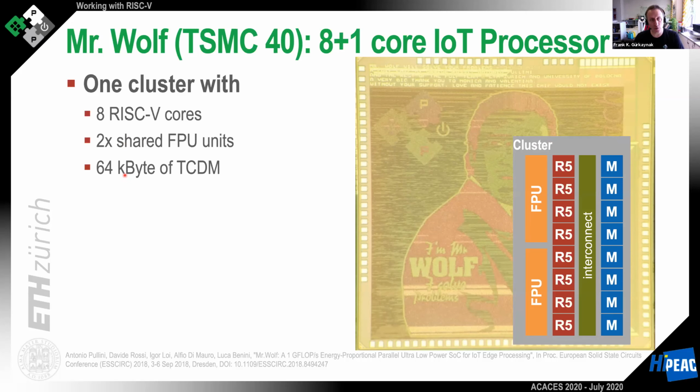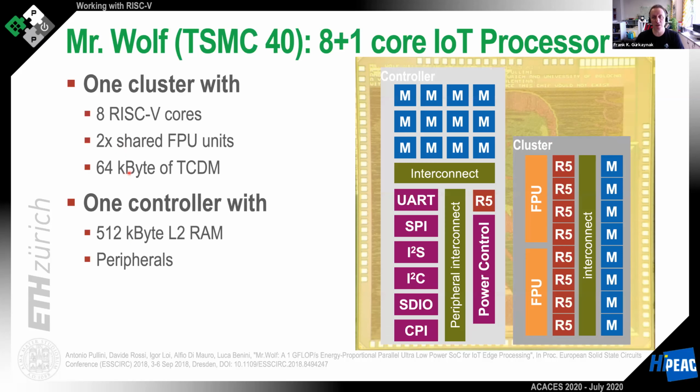It still has 64 kilobytes of TCDM memory. And then outside, you have the controller part, which has 512 kilobytes of RAM, all the peripherals, and an additional processor here to be able to work independently when the cluster is not in use.